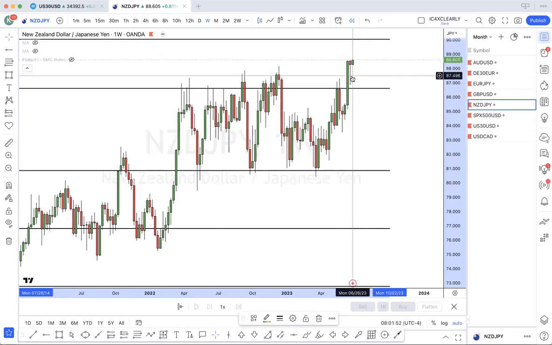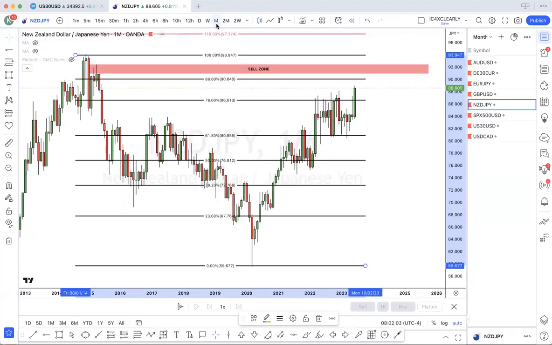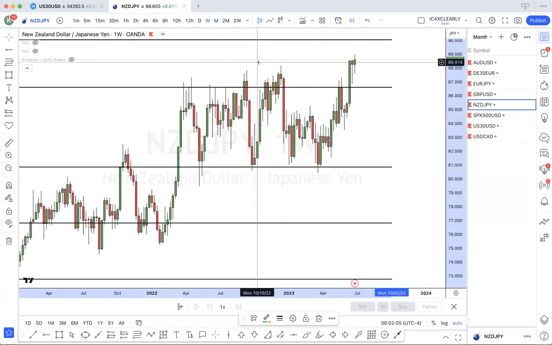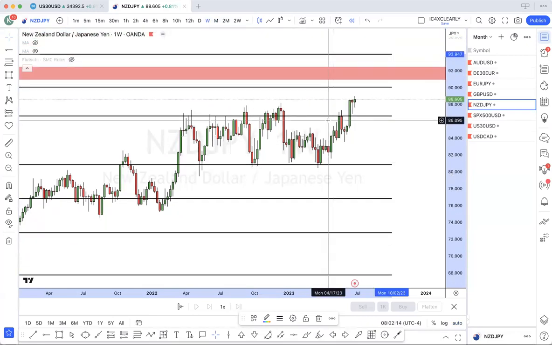Price has pushed up. Price has already pulled back and gave a bullish order block for the week. So we have a monthly bullish and we have a weekly bullish. So guess what? We're expecting more bullish momentum for now.